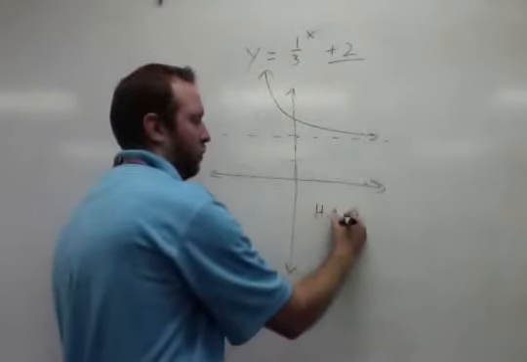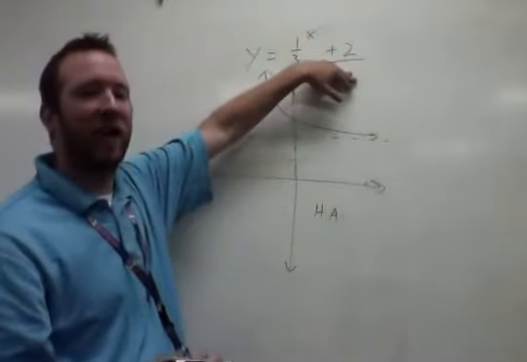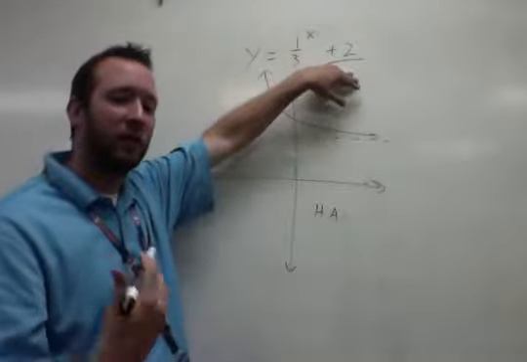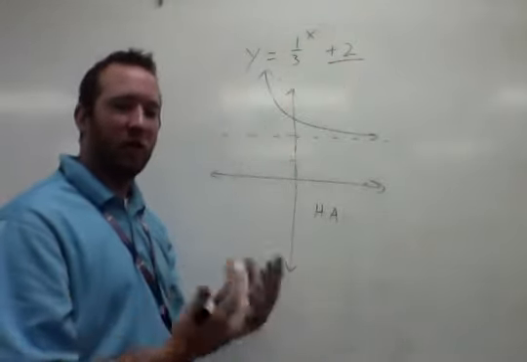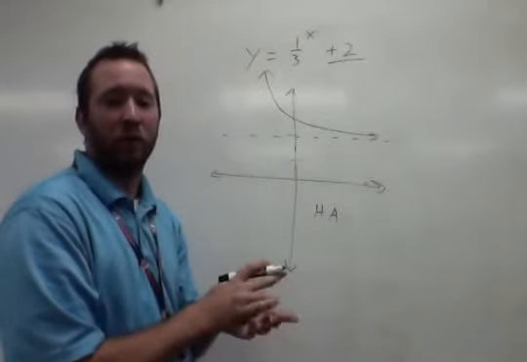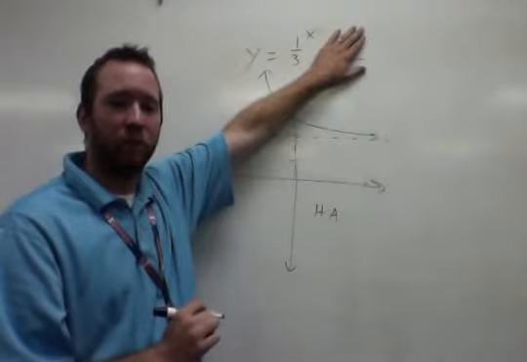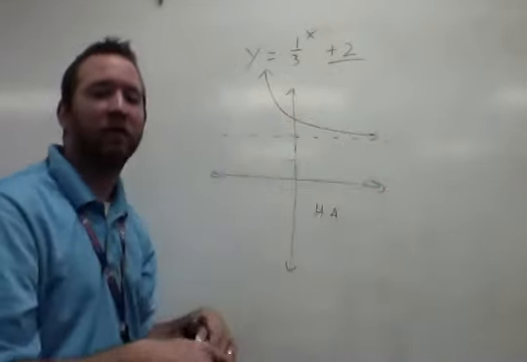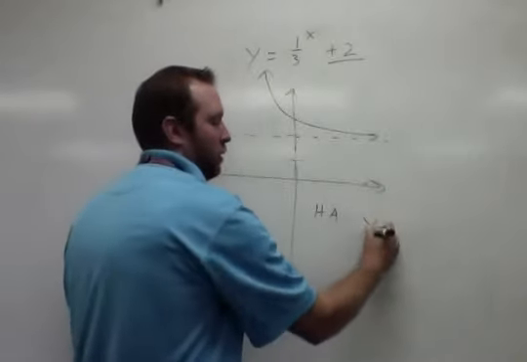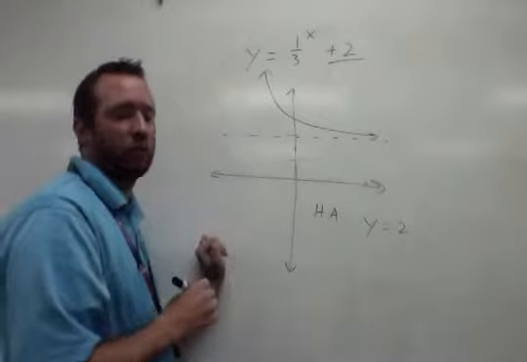The horizontal asymptote is always going to be at the value that's being added or subtracted. It's going to be at that vertical shift. So whatever value that vertical shift is, that's the equation of the horizontal asymptote. If there isn't one, then it's always at y equals 0. And once we add something in there, it becomes positive or negative, whatever that value is. So my horizontal asymptote is going to be y equals 2.